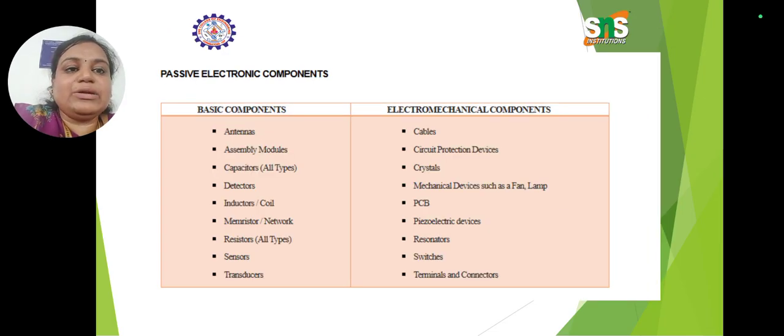The passive electronic components are basic components: antenna, assembly modules, capacitors, detectors, inductors, coil, memristors and networks, resistors of all types, sensors and transducers. Electromechanical components are cables, circuit protection devices, crystals, mechanical devices such as fan, lamp, PCB, piezoelectric devices, resonators, switches, terminals and connectors.